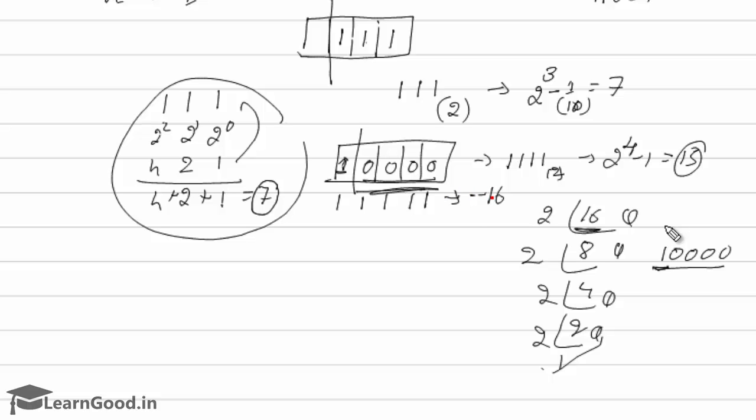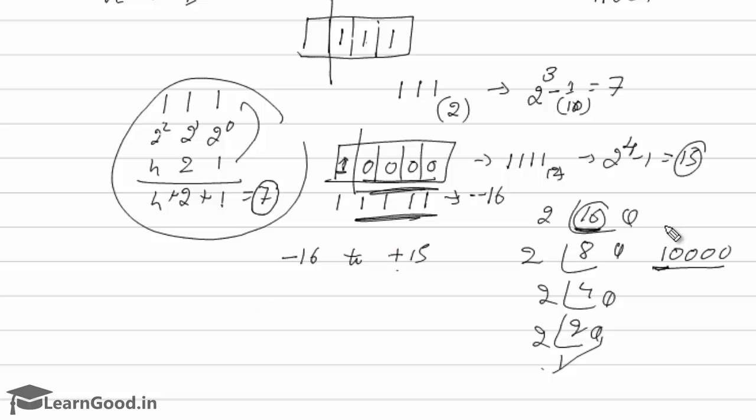Got it? It becomes negative 16. So if you store the value 16 here, it will be stored as negative 16 rather than positive 16. So in a 5-bit location, the smallest value you can store is minus 16, and the maximum value you can store is plus 15.